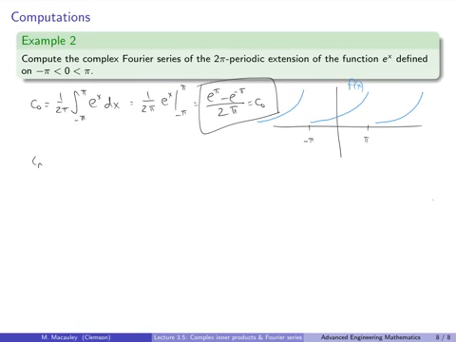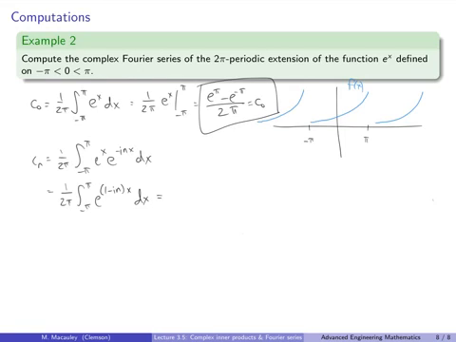So what's c n? c n is 1 over 2 pi times the integral from negative pi to pi of e to the x times e to the negative i n x dx. We can combine these exponentials into one: e to the (1 minus i n) x dx.